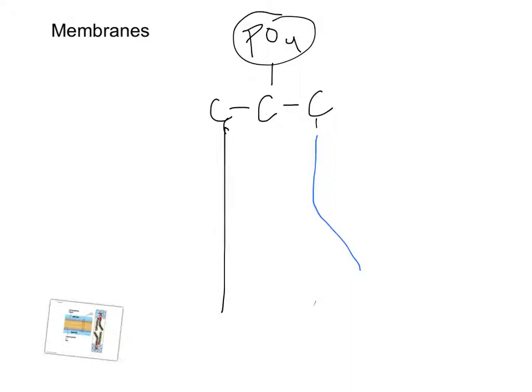Because of the double bond, which is right here, it causes a kink in the tail. When there's a kink in the tail, that now prevents other phospholipids from packing in too tightly. So that's the structure of a phospholipid.